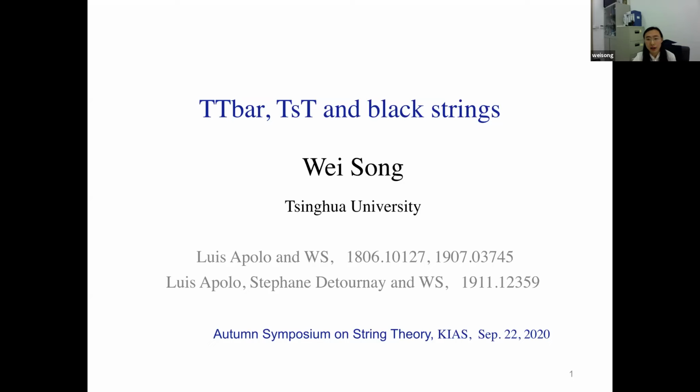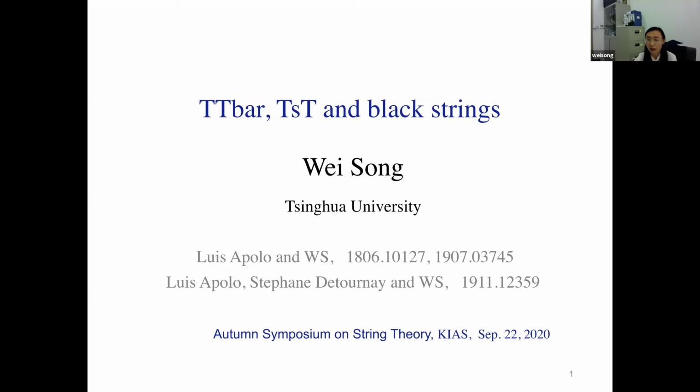And I will describe this model from three corners. One is the string worldsheet perspective, the second corner is the bulk geometry, and the third corner is the dual field theory. So this model can be constructed from a known string AdS/CFT model built from string theory.